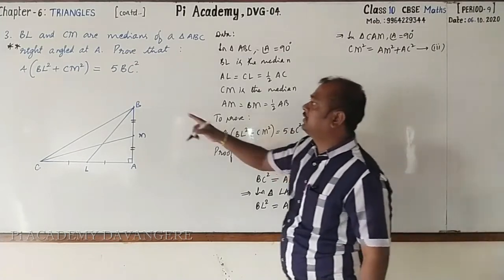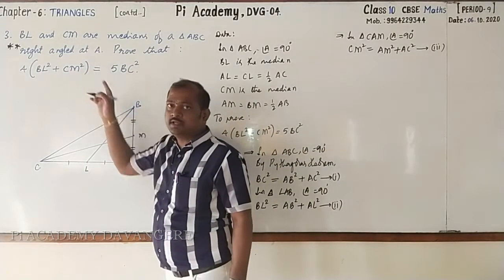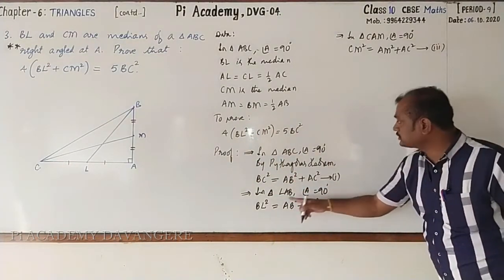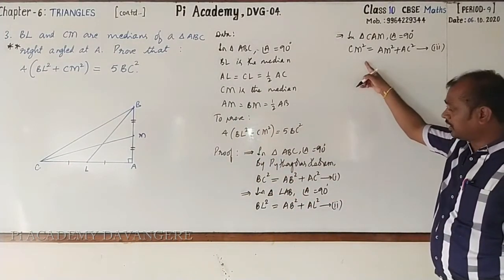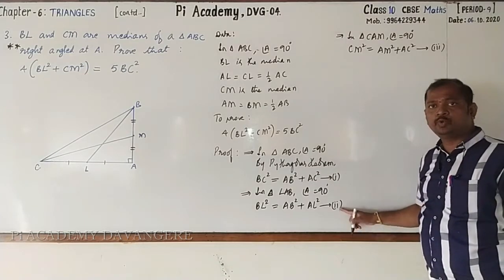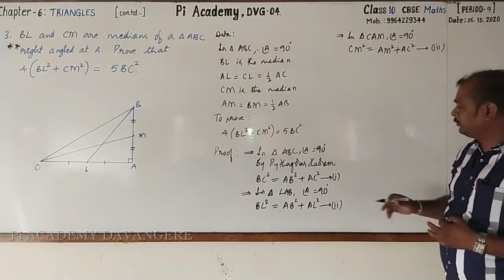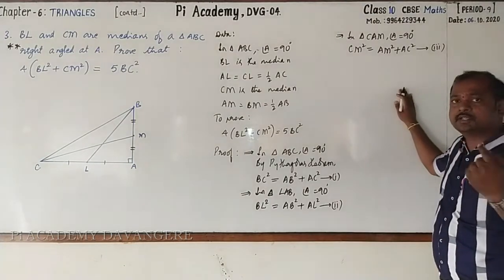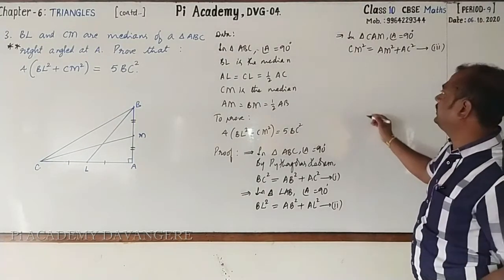Observe here. BL square plus CM square is there. So BL square and CM square are there in statements 2 and 3. What should be done with the second and third statements? Yes, you are right. We should go for adding them.